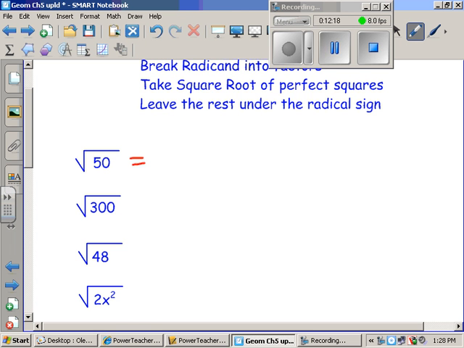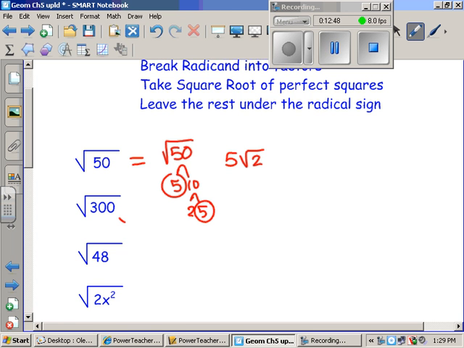If it asks you for the exact answer, you would take 50 and break it down into its component parts. So 5 and 10, 2 and 5. Any pairs can come out of the radical sign. So the 5 can come out, the 2 doesn't have a partner, so it has to stay in. So the reduced form of the square root of 50 is 5 square root of 2.